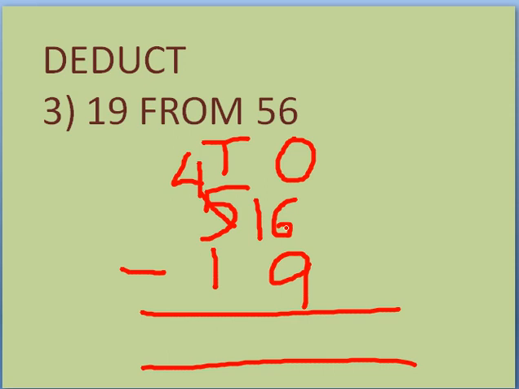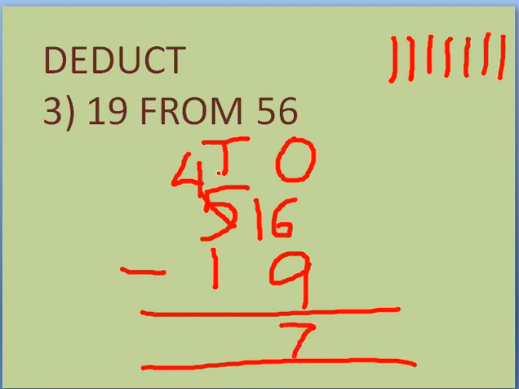After 16 we will start our backward counting and we will come up to 9: 15, 14, 13, 12, 11, 10 and 9. How many are these? 1, 2, 3, 4, 5, 6, 7. So 16 minus 9 is 7.